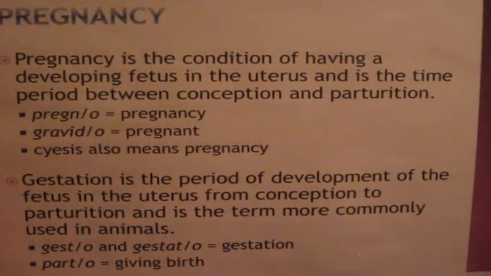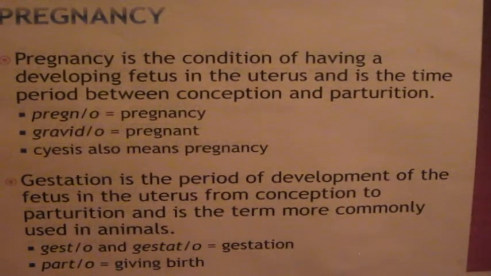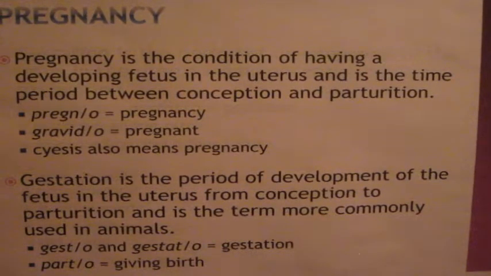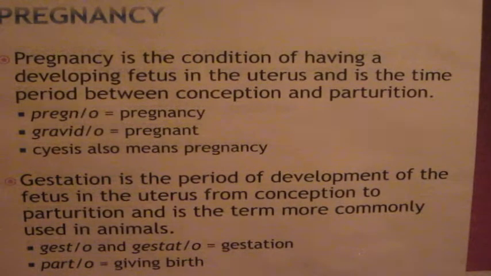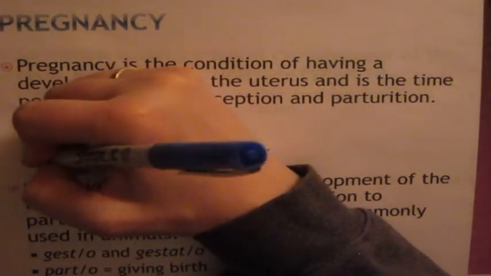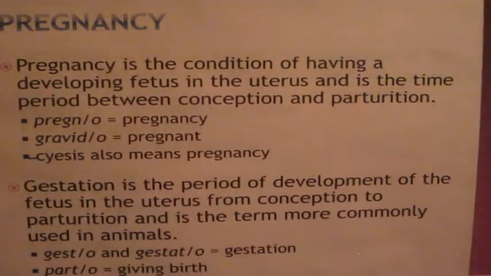Alright, pregnancy. Pregnancy is the condition of having a developing fetus in the uterus and is the time period between conception and parturition. Pregno is the combining form for pregnancy, and gravido is the combining form for pregnant. Cyesis also means pregnancy. This is a suffix, if you can remember.